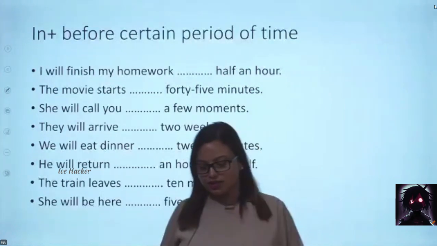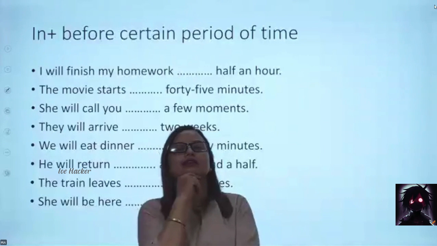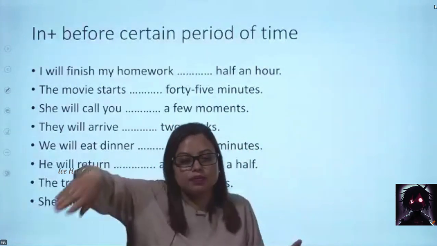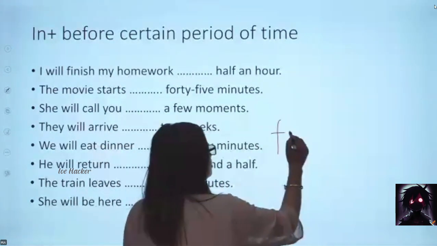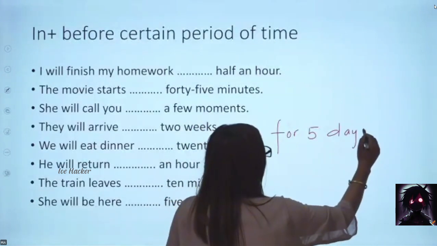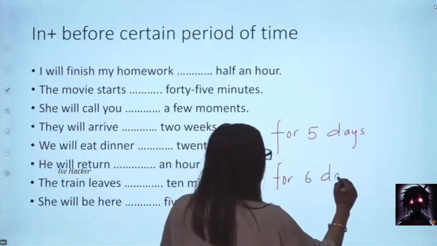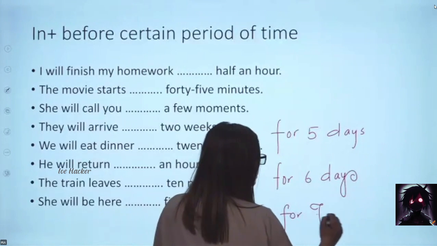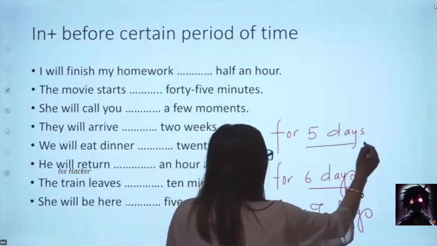Now, one thing is very important in terms of this slide. Do you know one thing? For is also used for a certain period of time. Let me show you, for 5 days, for 6 days, for 7 days. Look here.